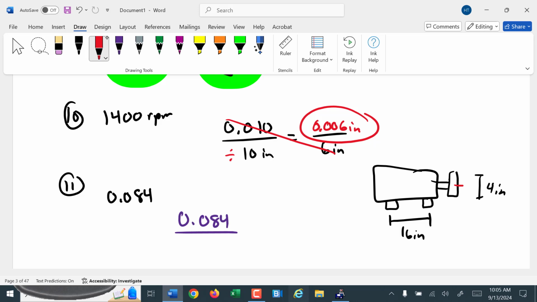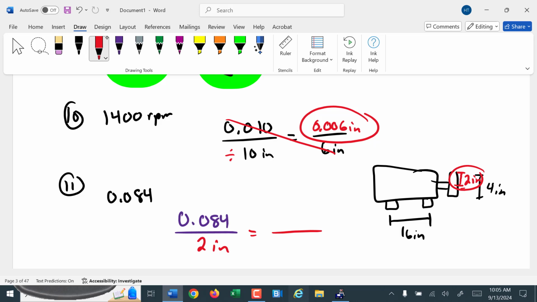Our moment arm is from the center of shaft to the edge of the flange, which is 2 inches. It's half of the diameter. The radius of the flange is what we want. So that 0.084 inches is acting on a moment arm or a radius of 2 inches. So 2 inches goes under that.